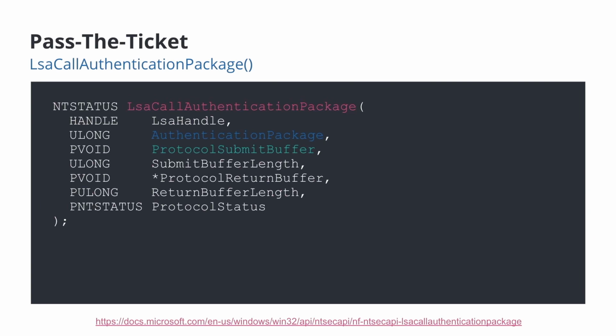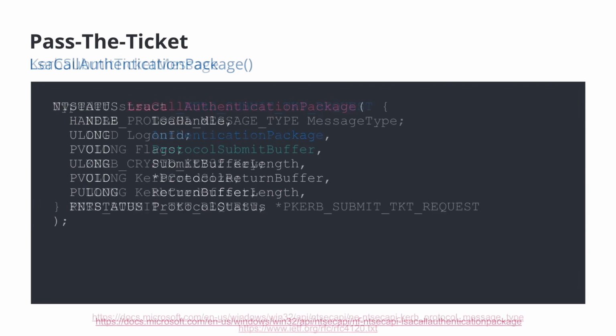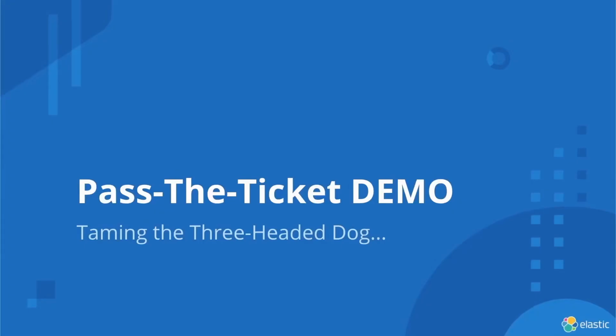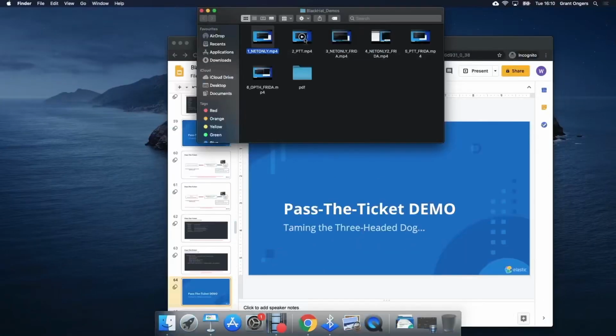You basically pass a massive buffer of data of the protocol message you want to send to the Kerberos provider, and you just pass a pointer to this buffer. In the case of a pass the ticket attack, it's a KerbSubmitTicket message, and so effectively you have this structure in memory followed by a massive blob of an ASN.1 encoded Kerberos ticket that you want to apply to your session. And so I have a quick demo of this as well that I can show.